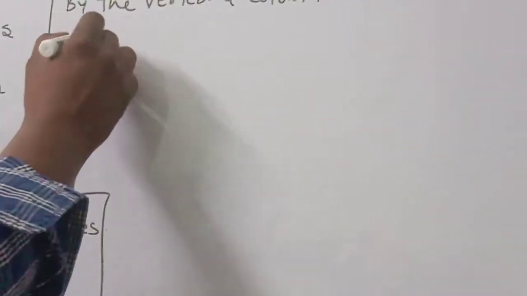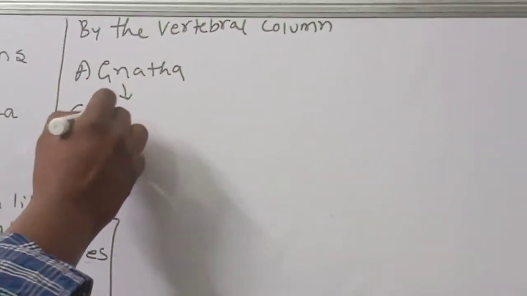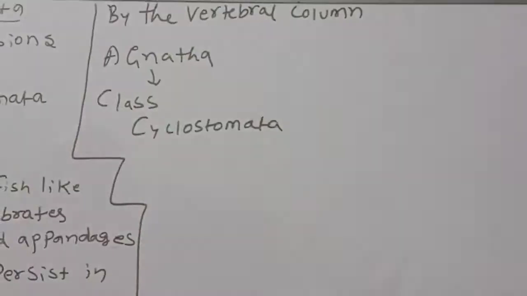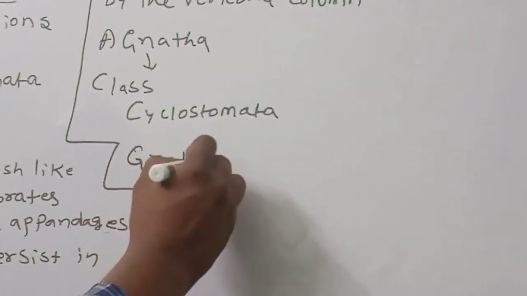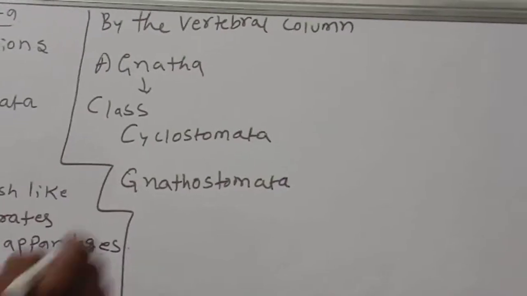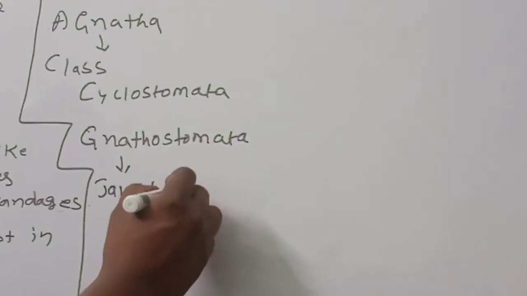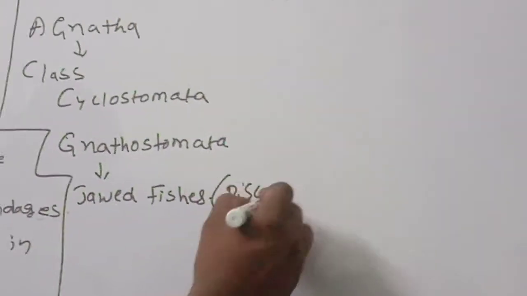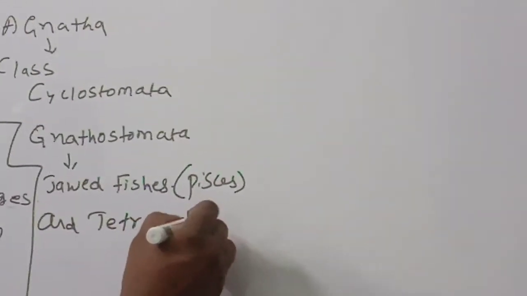Agnatha includes class Cyclostomata. Gnathostomata includes jawed fishes, also called Pisces, and Tetrapoda.